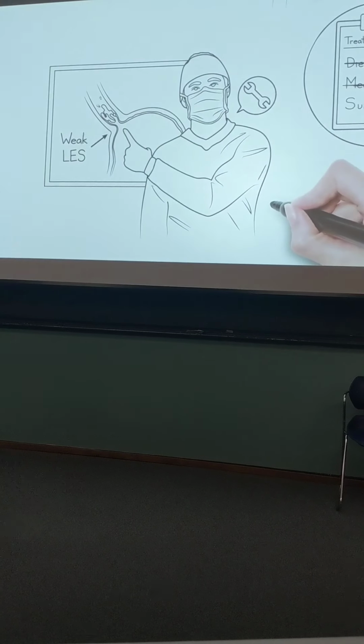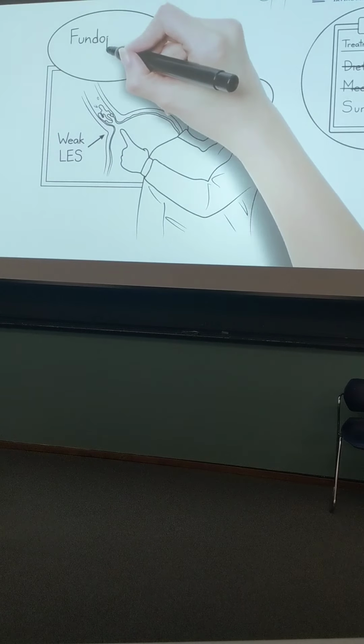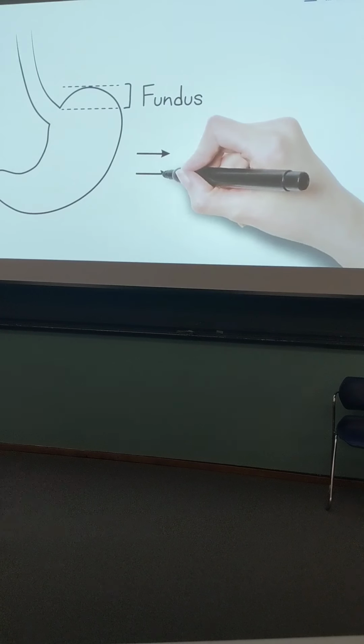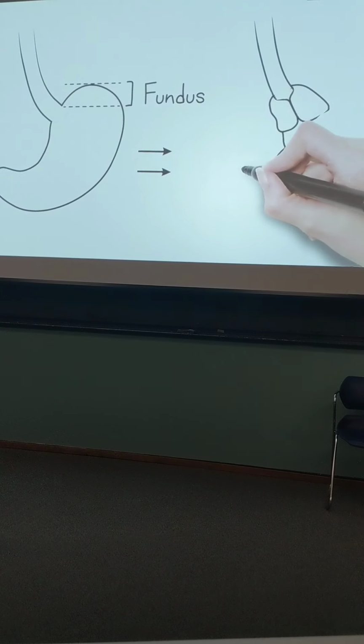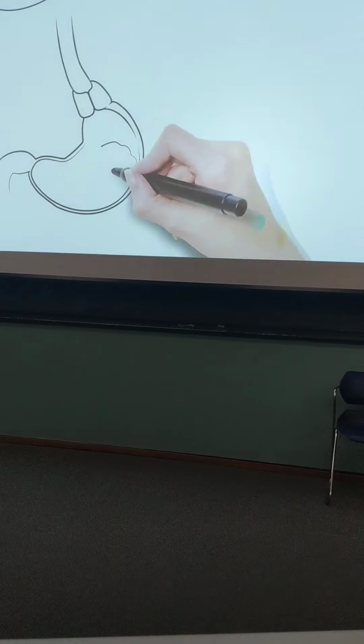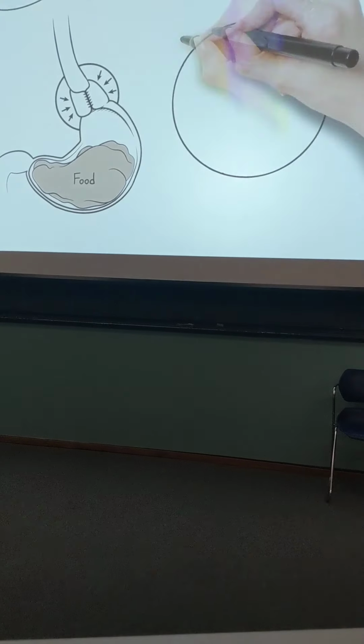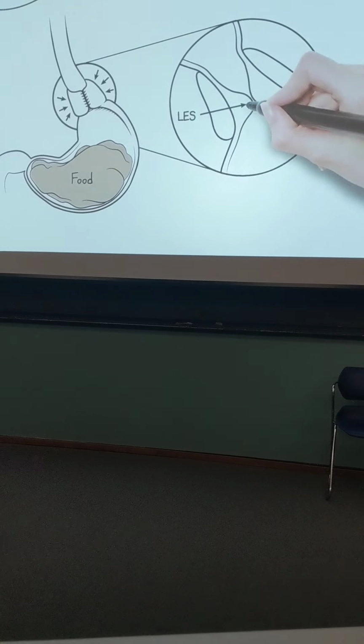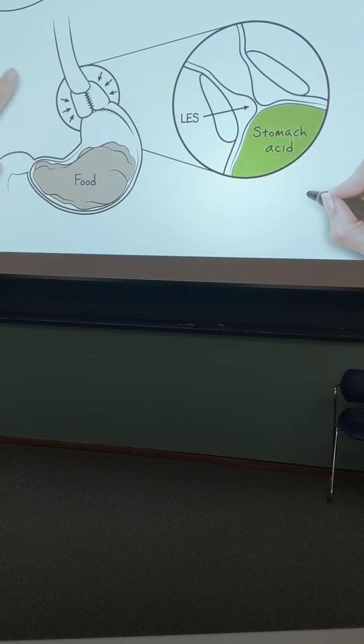A common surgical treatment for acid reflux is fundoplication surgery. In this procedure, the top of the stomach, or fundus, is wrapped around the base of the esophagus and sewn into place to support the LES. During meals, the stomach will then stretch, causing the fundus to tighten around the LES and prevent reflux.